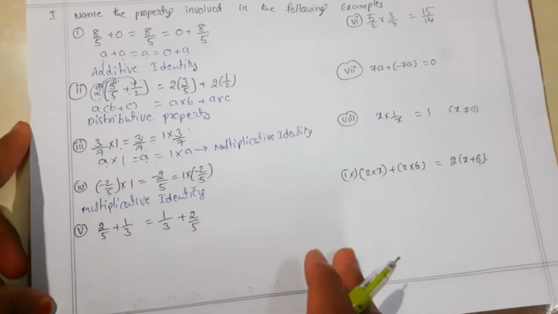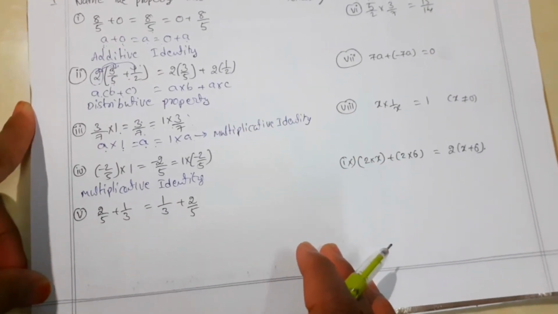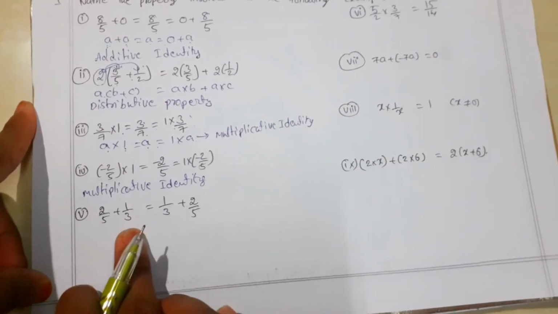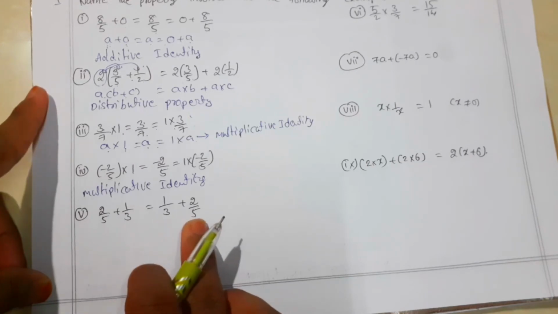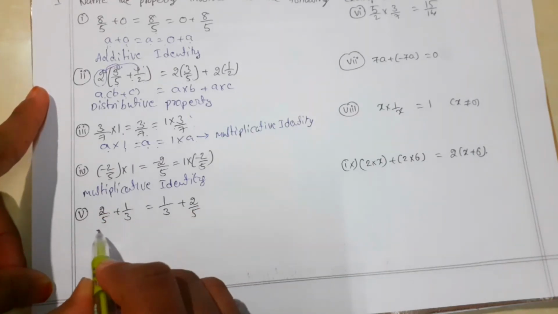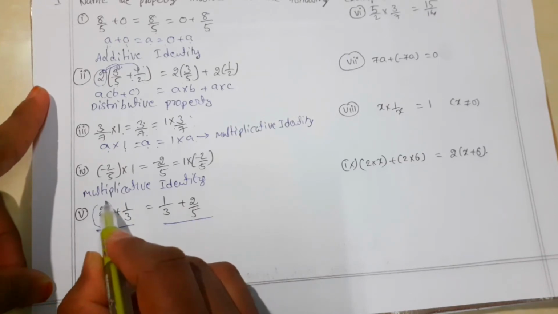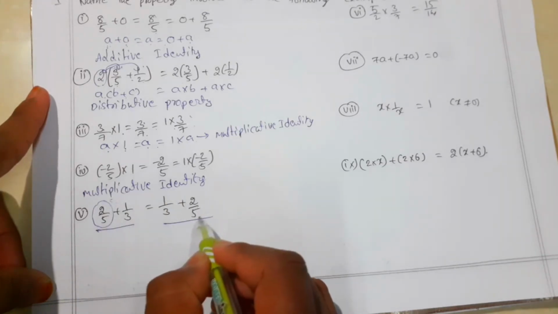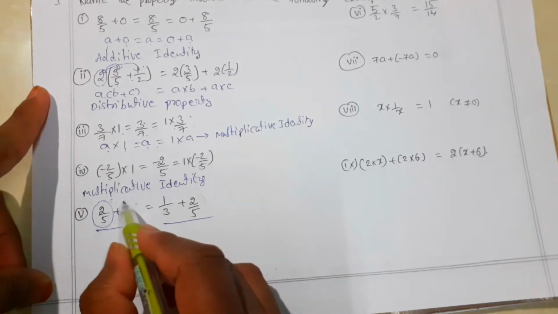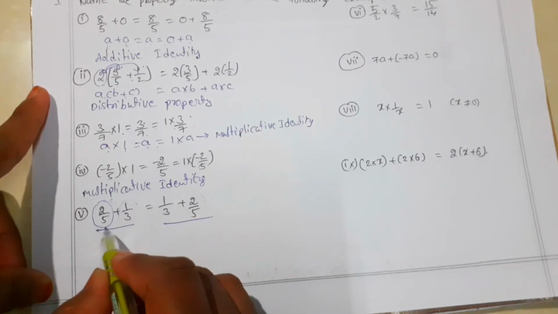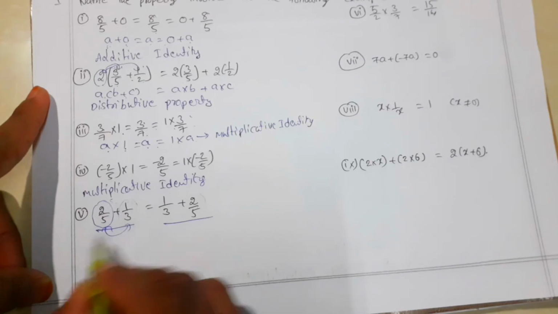And if you see the fifth one, we have 2 by 5 plus 1 by 3, which is equal to 1 by 3 plus 2 by 5. If you observe the LHS and the RHS, the first number in the LHS becomes the second number in the RHS, and the second number of the LHS becomes the first number. That means they interchange the order of numbers.